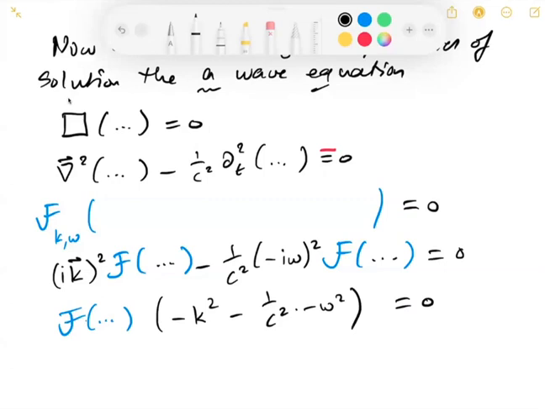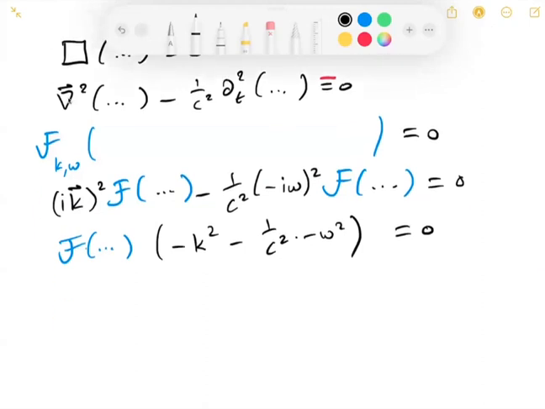Okay, now there are two solutions here. We have a product of two terms. We have the Fourier transform of that thing could be 0, right? So that field could be 0.